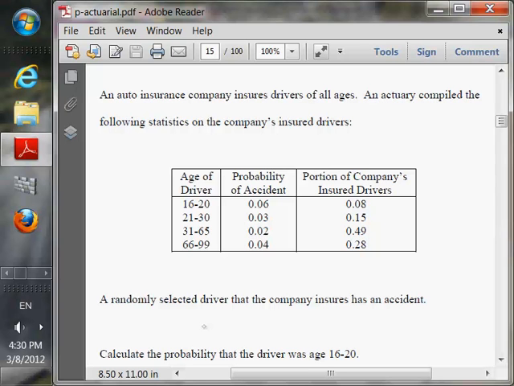If you use the language of events, how would you phrase that? What would be the right notation? Probability of A given B sub i, okay?